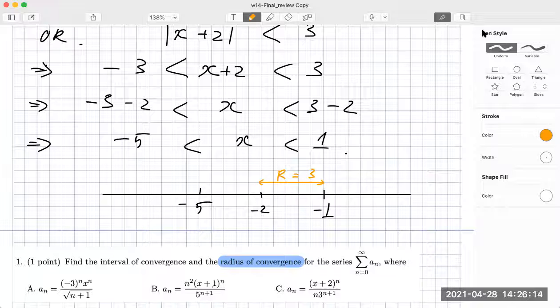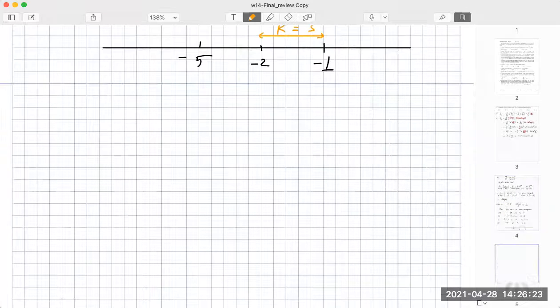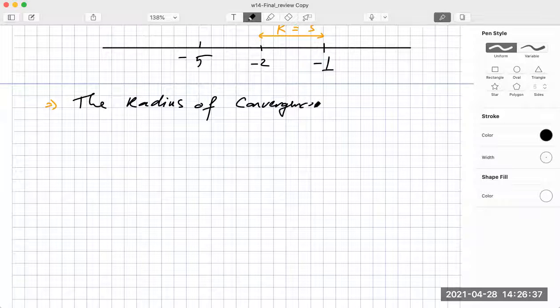Okay, that is the meaning of the radius of convergence.